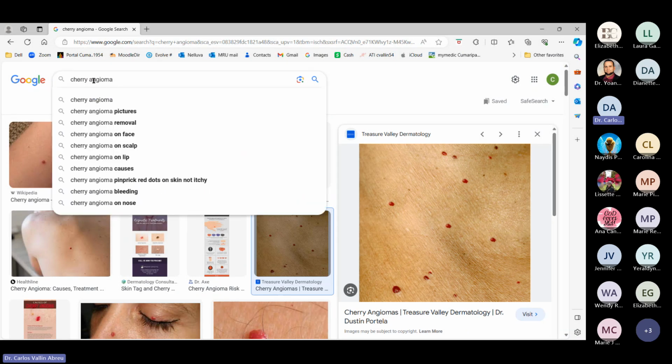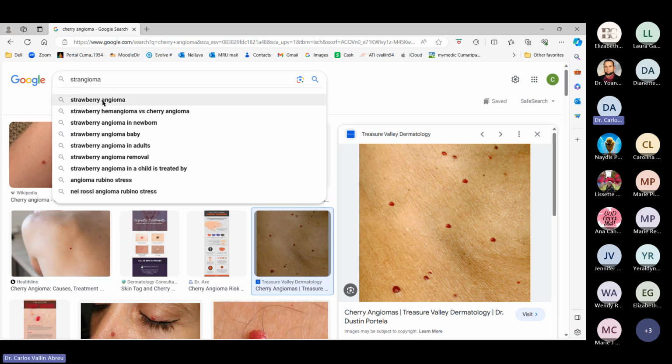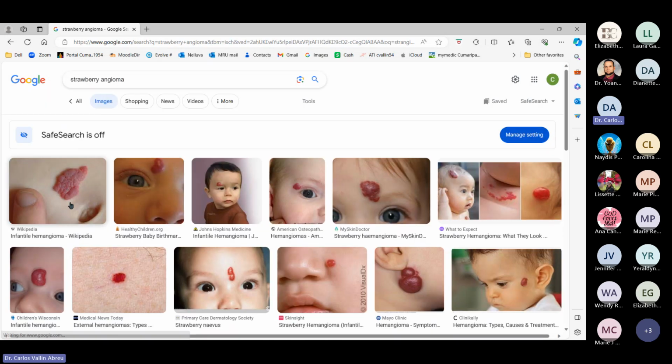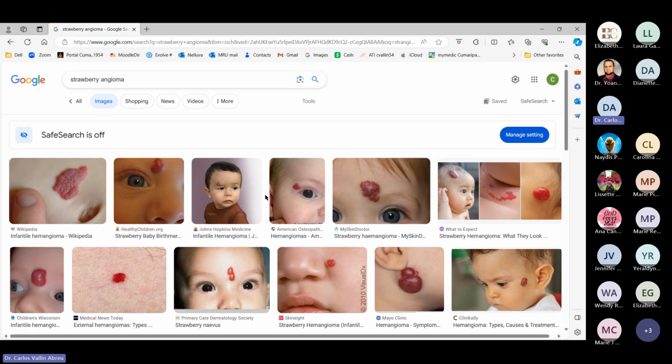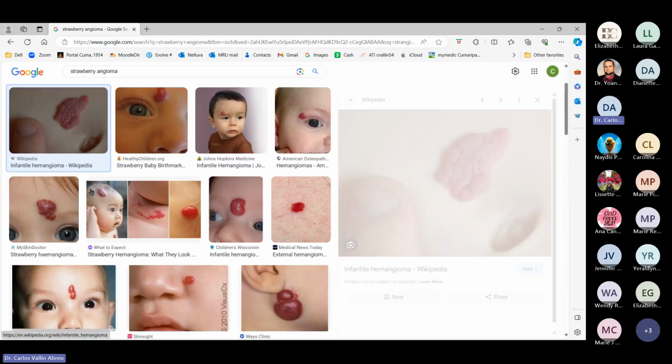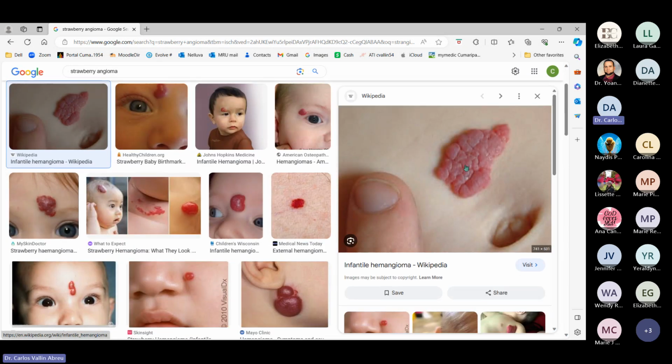The strawberry angioma is different. It's a solitary, elevated, big lesion that tends to grow, generally with an irregular surface.